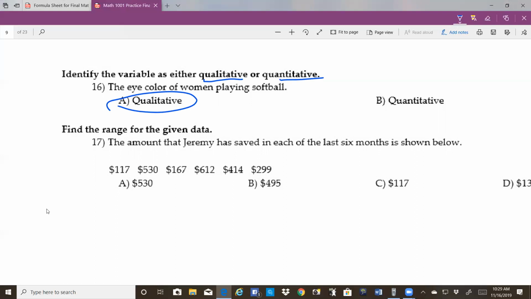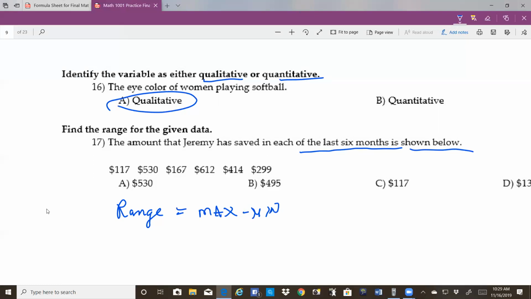Number 17, find the range of the given data. The amount that Jeremy has saved in each of the last 6 months is shown below. The range is equal to the max minus the min.